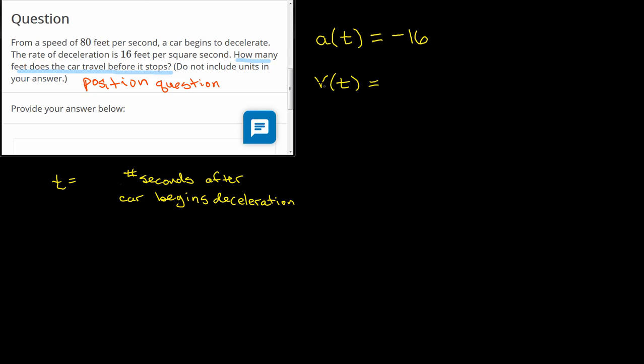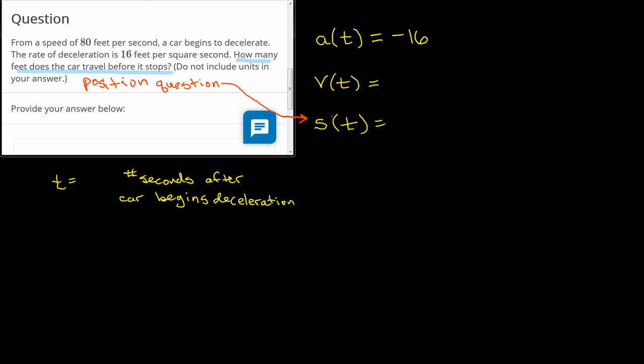So let me write this down. S represents position, V is velocity, and A is acceleration. From physics or calculus, I hope you remember that if I start with position and find the derivative, I get velocity. And if I have velocity and find the derivative, I get acceleration.